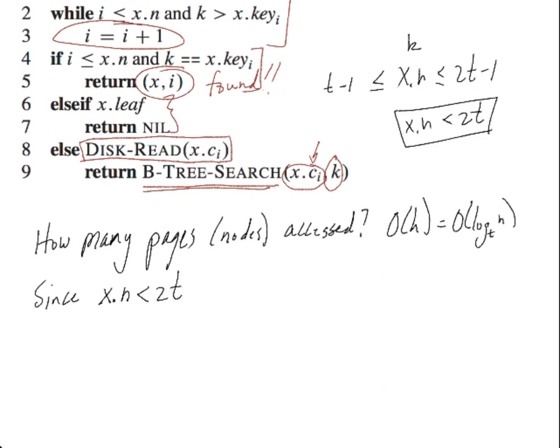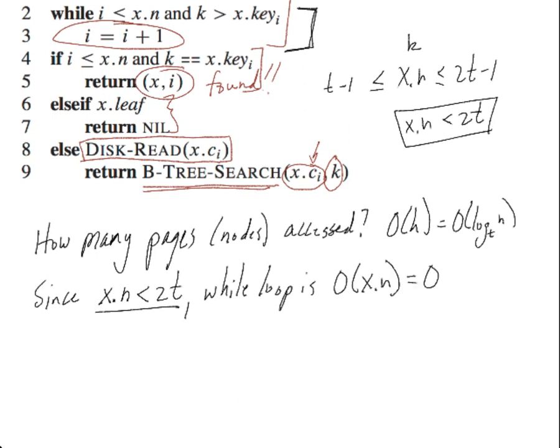And so since that is true, the while loop, which is right there, is going to be bounded by x.n, which is order t.